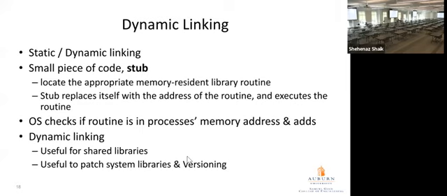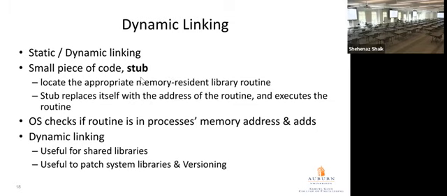libraries as part of the object code, we should be able to place the library routines in a different part of the physical memory, and as part of each process which includes these libraries, we should be able to simply have a stub instead of the entire library routine.